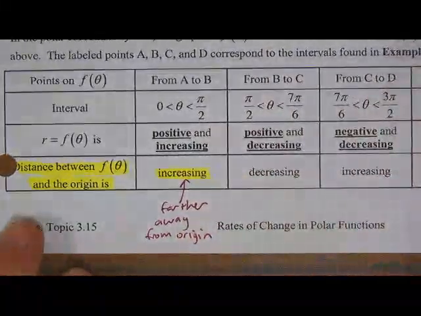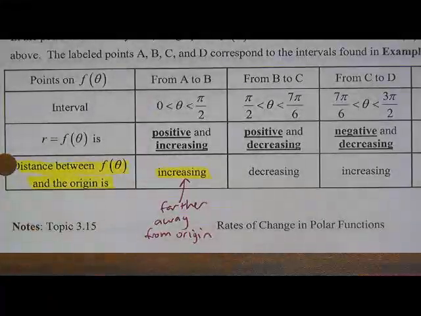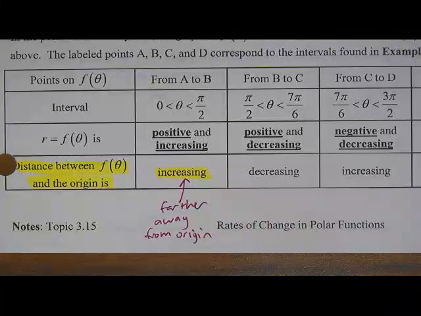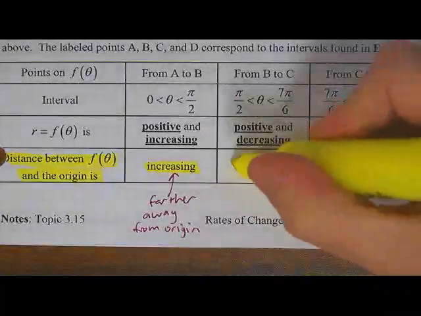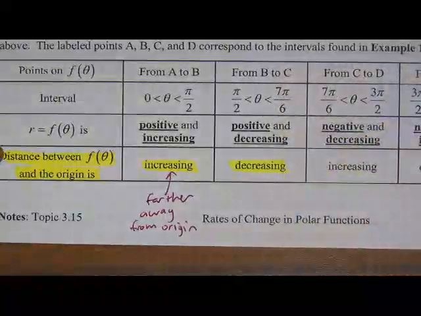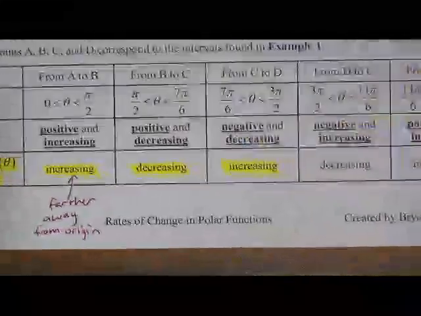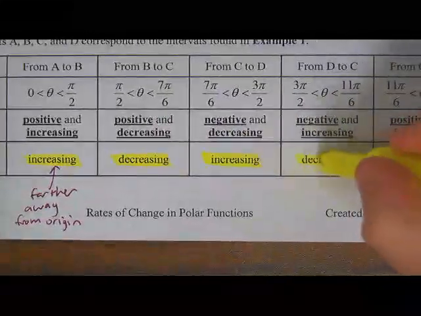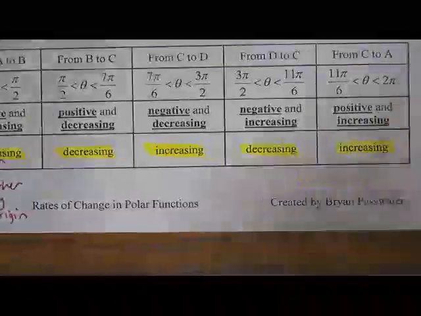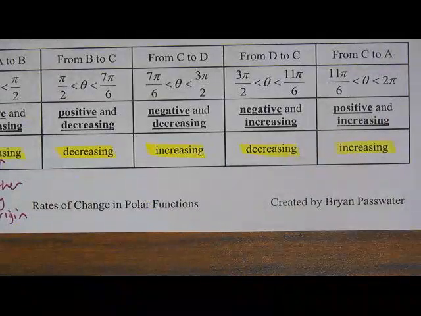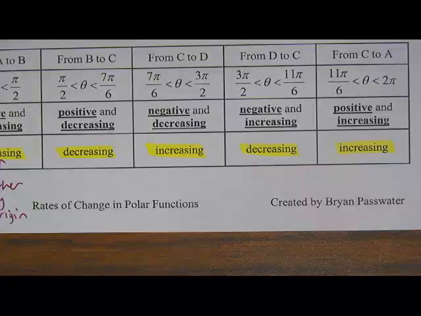Your distance between you and something else is increasing. You're getting farther and farther and farther from it. And then here we're getting closer to the origin. The distance is decreasing between the function and the origin. And then we're getting farther, closer, farther. And you can kind of see how that happens in that rectangular plane. So all of that says the same thing.